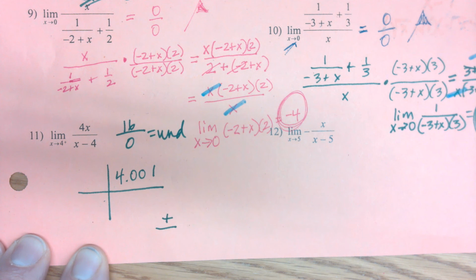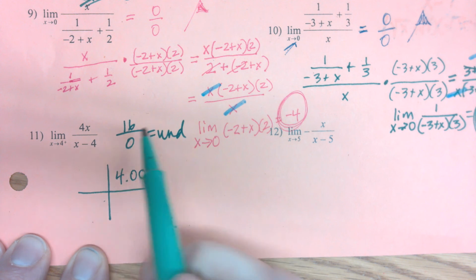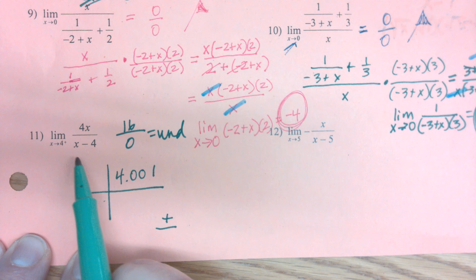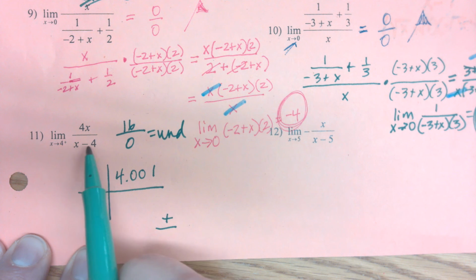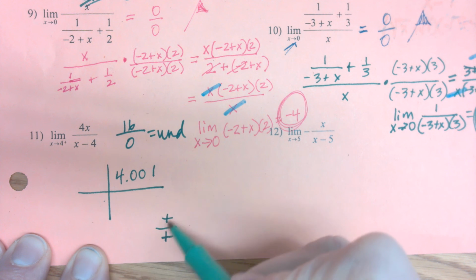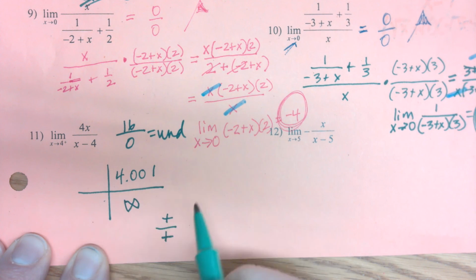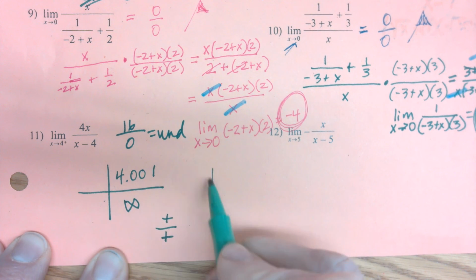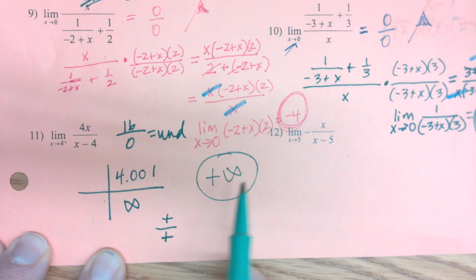I don't care what it comes out to be. I just care that it comes out positive. What happens when I plug in 4.001 minus 4? It also comes out positive. Because both of these are positive, my answer is positive infinity. Because I'm only caring about the one side, I'm done. That's it. That's my answer.